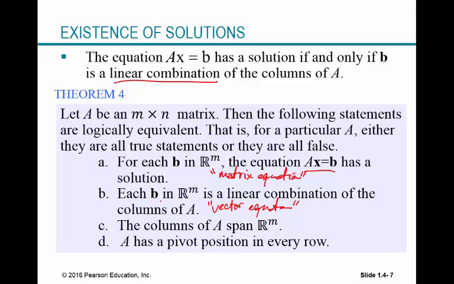And all that stuff is equal to b, so that's your vector equation. And the columns of A span this, so this is saying this is your matrix A, or augmented matrix. So this talks to the augmented matrix, and then A has a pivot position in every row, that also is looking at a matrix.